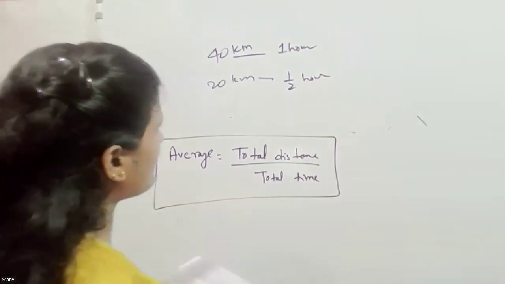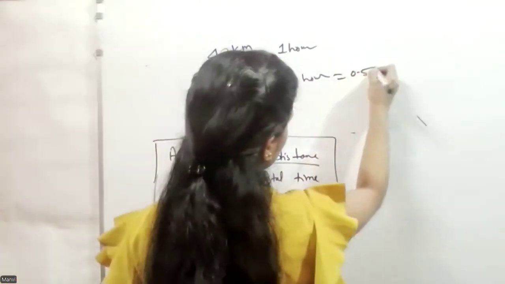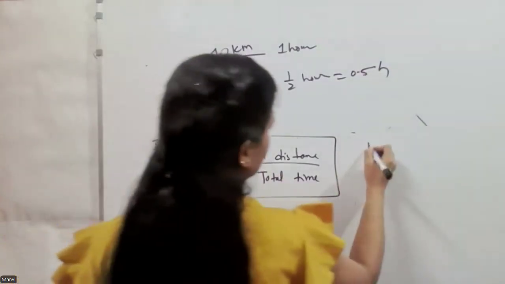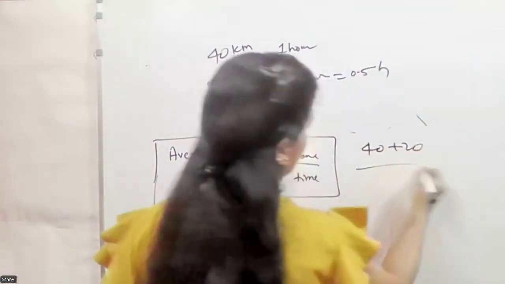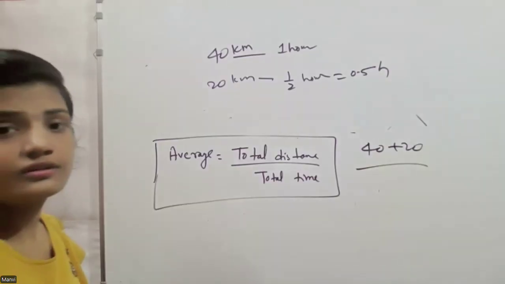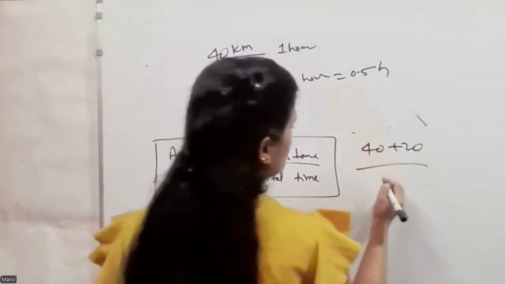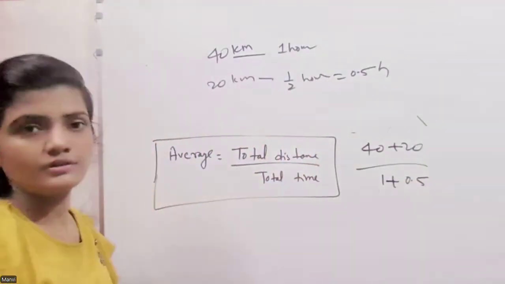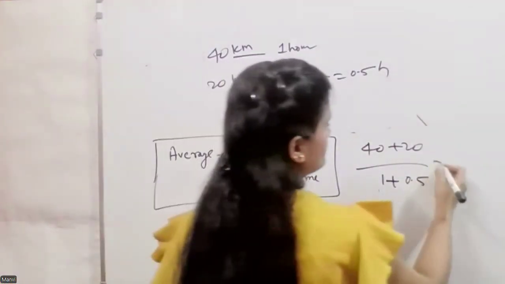So for calculating average speed, the total distance is 40 plus 20 and the total time is 1 plus 0.5.